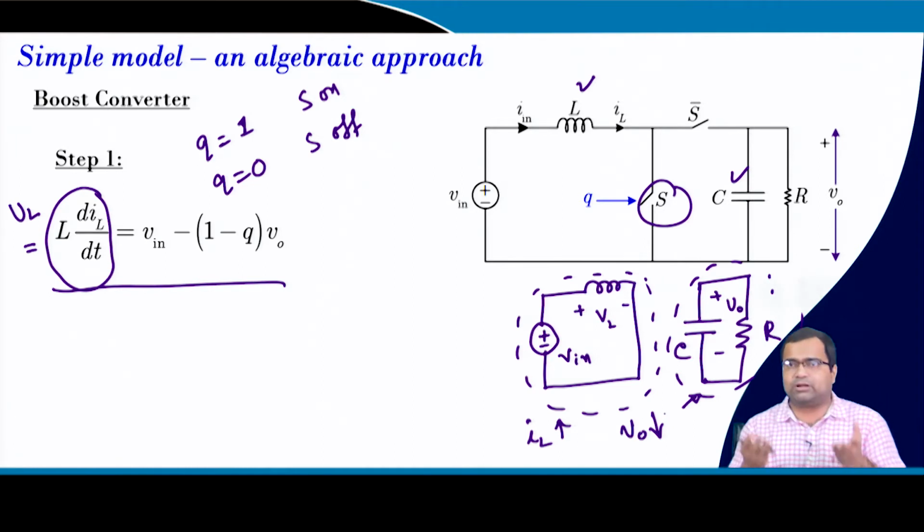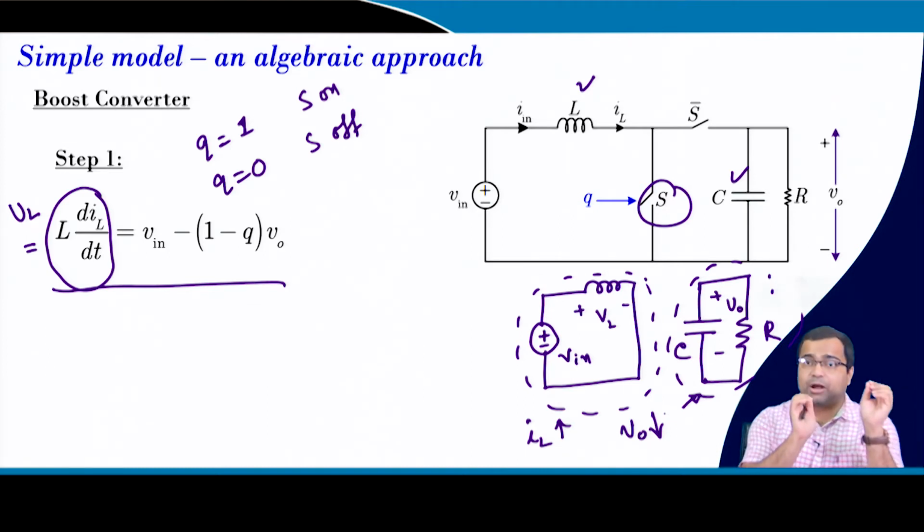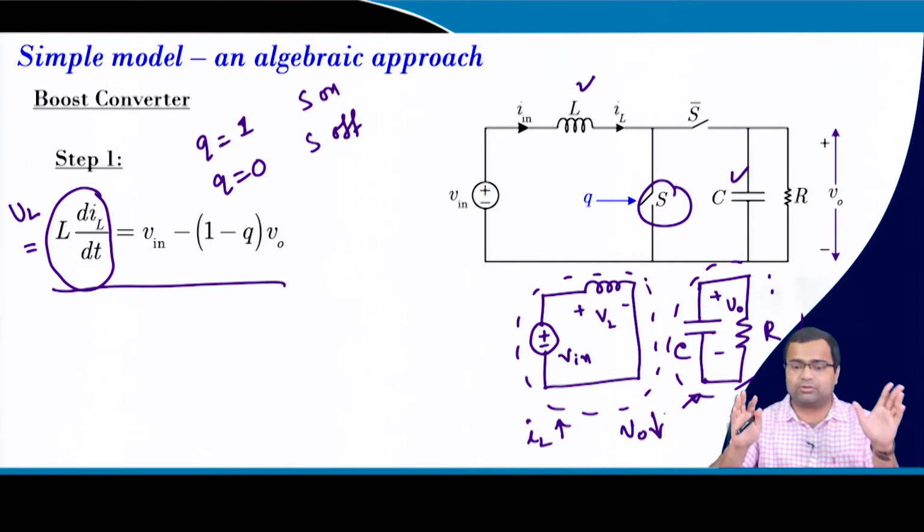Up to that point, voltage and current both will rise. That is why in the buck converter you will not get any non-minimum phase effect or any right half plane zero, because we saw in the small signal model of the buck converter there is no right half plane zero, but in boost we got it, and the reason is this.